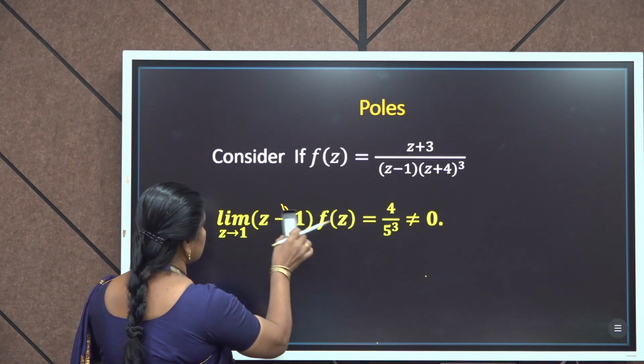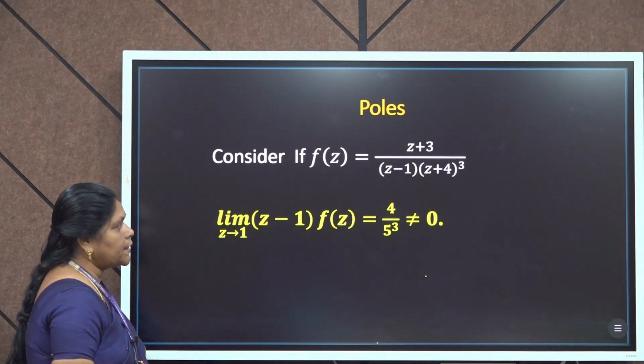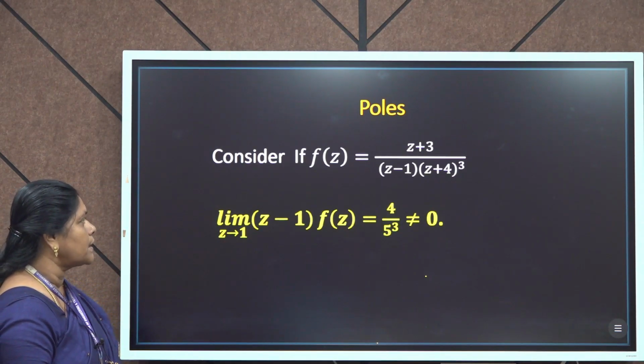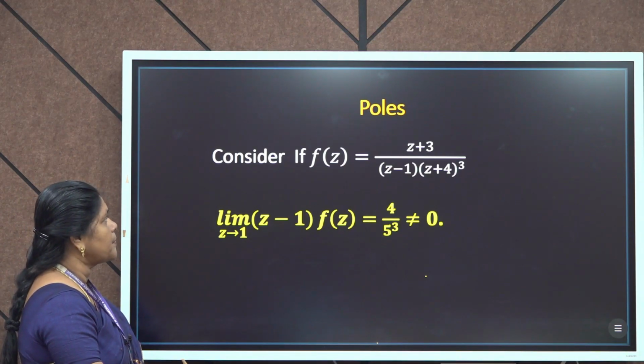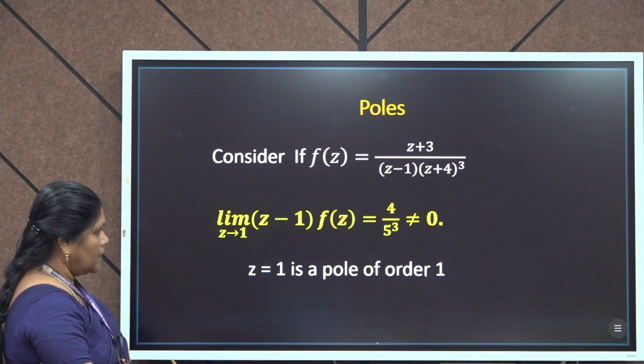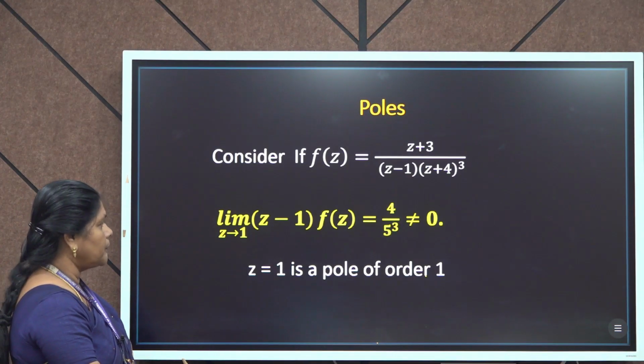Therefore, the limit as z tends to 1 of (z minus 1) into f of z is not equal to 0. Therefore, z is equal to 1 is a pole for the function f of z. Here z is equal to 1 is a pole of order 1.